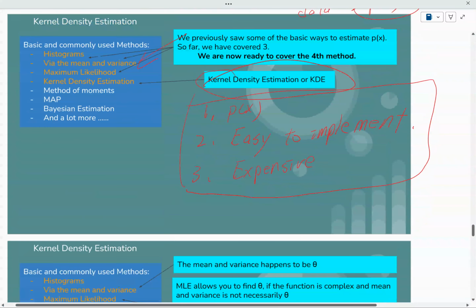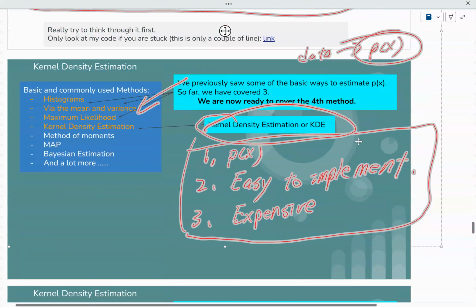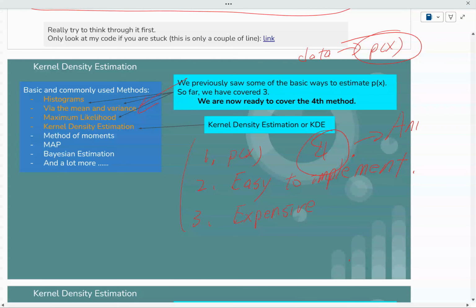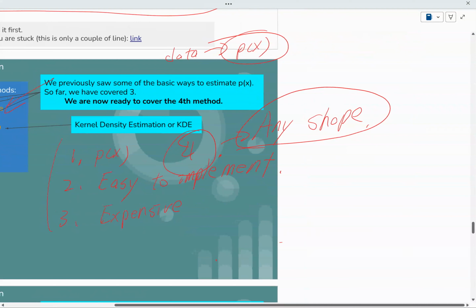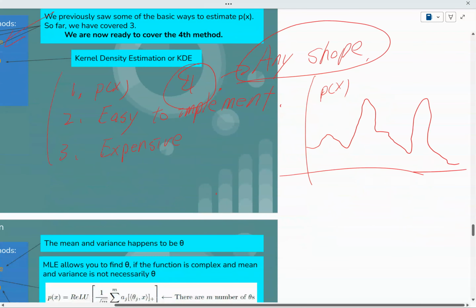Another thing: kernel density estimation can fit any shape. Basically, you can have a probability density function P of X that looks like this, any shape, and KDE will fit it really, really well. Okay, so let's get started.